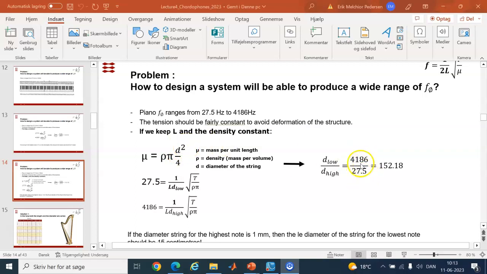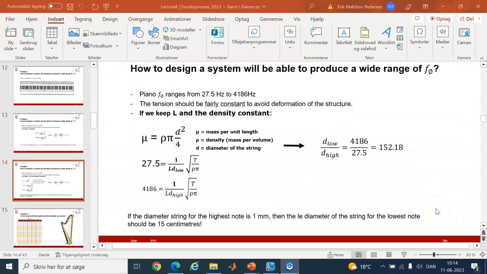So we get this relation again, 152.18. That means that D low divided by D high is the same, 152.18.